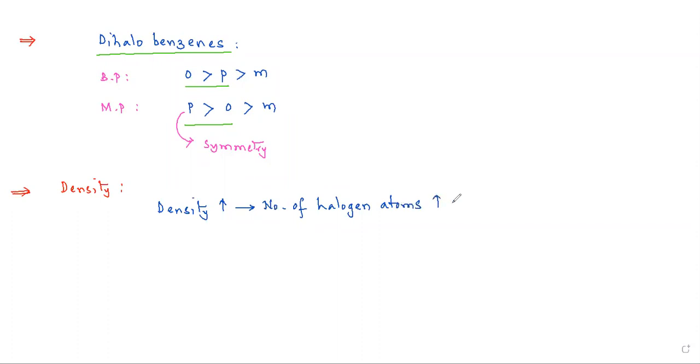Okay. For example, you can take methylene chloride, chloroform, carbon tetrachloride, with carbon tetrachloride having the maximum density.